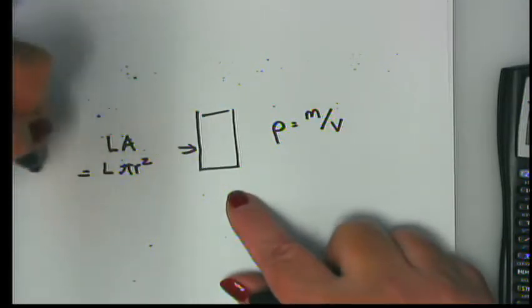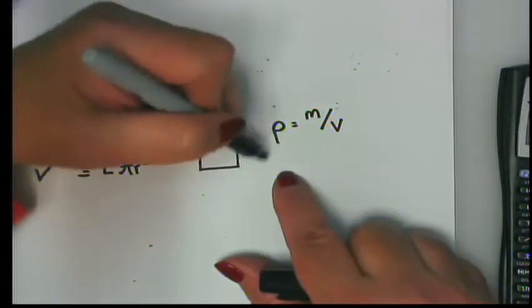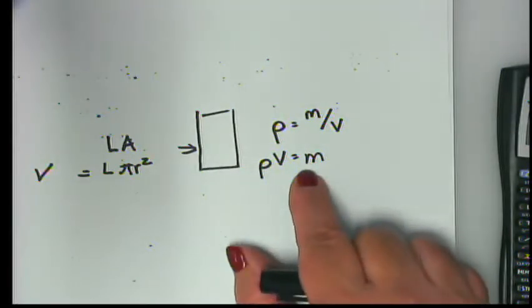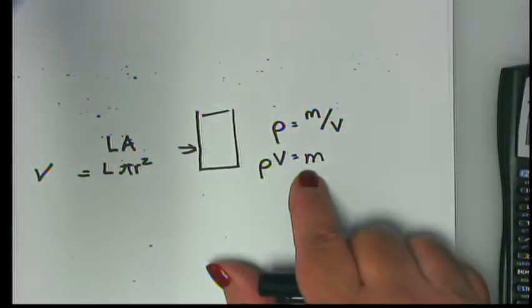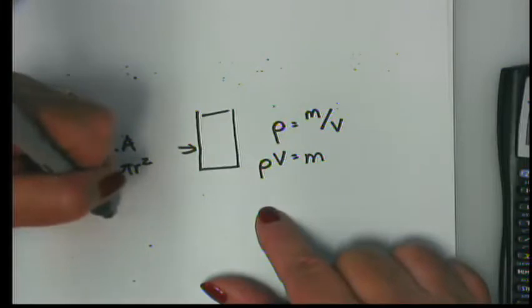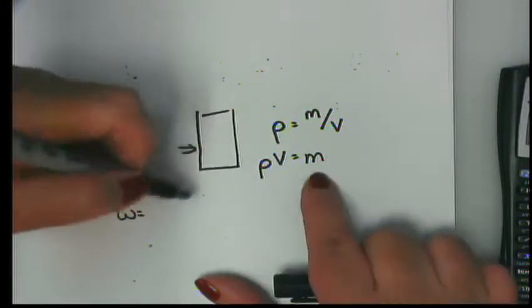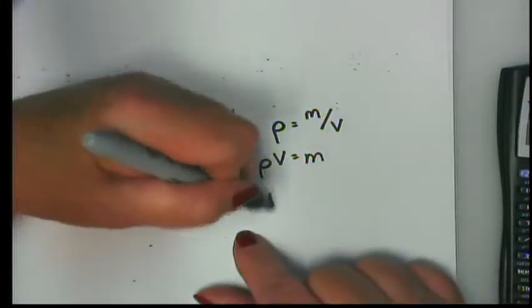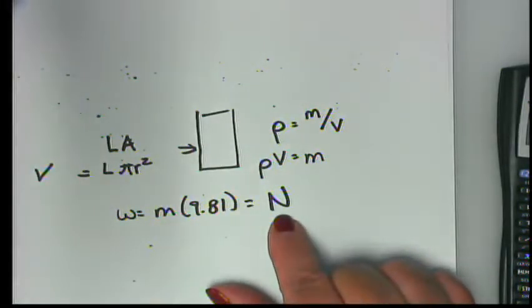Then if you take the density and multiply it by the volume, that's equal to the mass. Now, 1.6 is in metric units, so to find the weight, you have to take the mass and multiply it by 9.81 to get the weight in newtons.